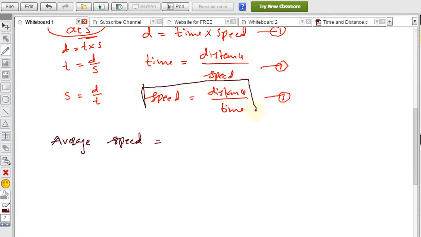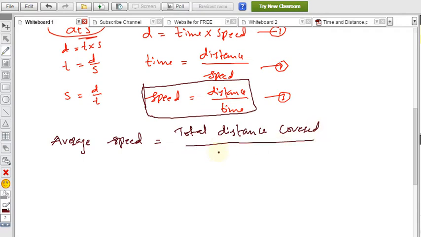From this, average speed is equal to total distance covered by the total time taken. So in problems we'll use these formulas.